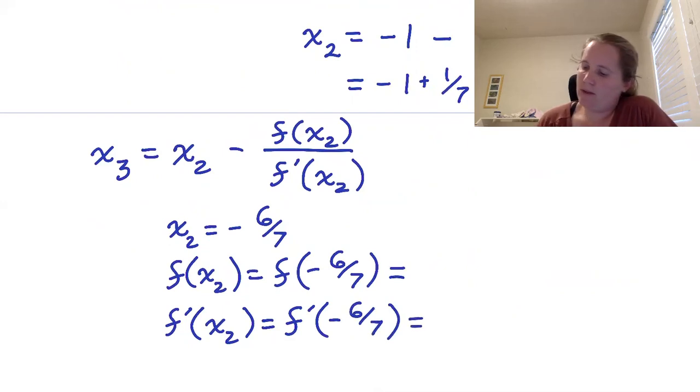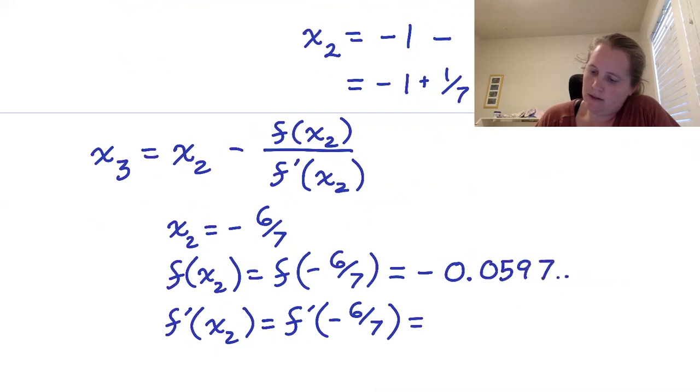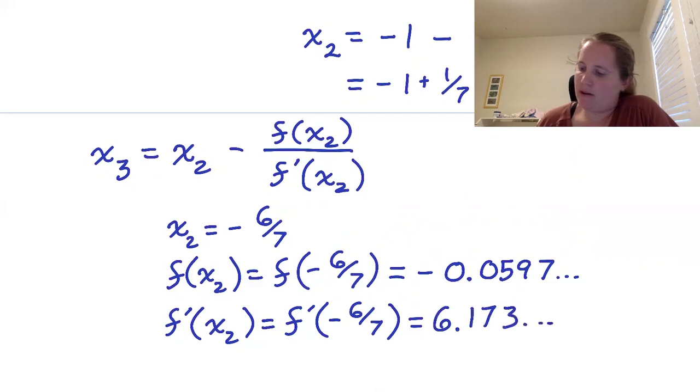So if I plug both of these in, we wind up getting negative 0.0597 for f of x2. And then if we plug it in for the derivative, we wind up getting 6.173 going on.